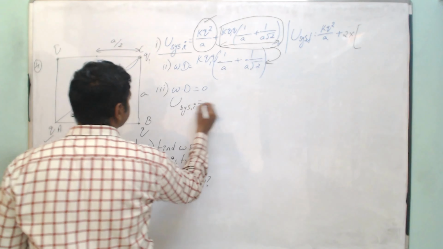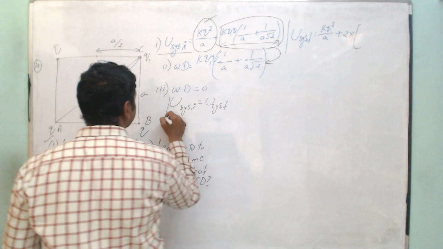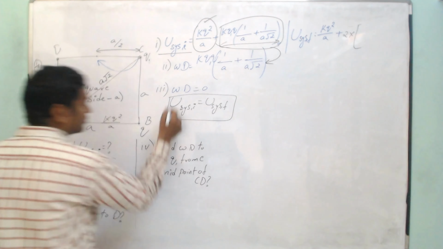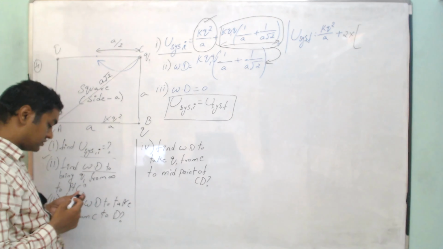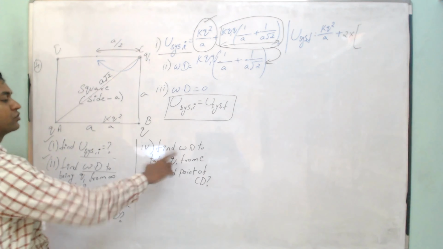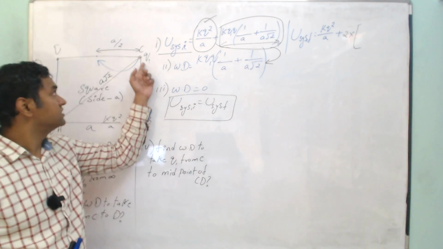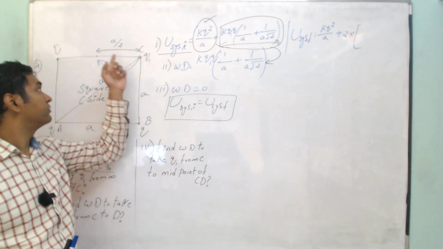Initial potential energy of the system and final potential energy of the system are the same. So the change is 0. Therefore, the work done is 0. Right? Yes, sir.